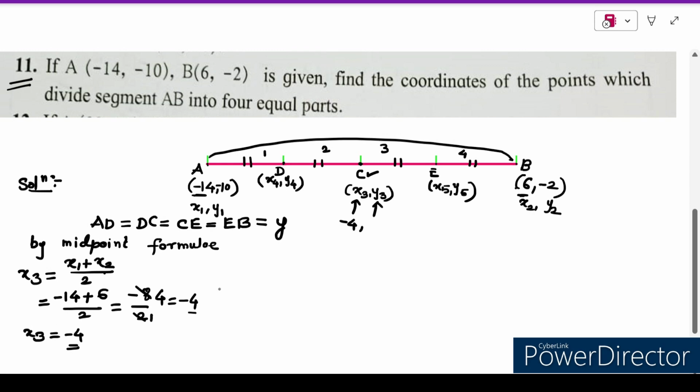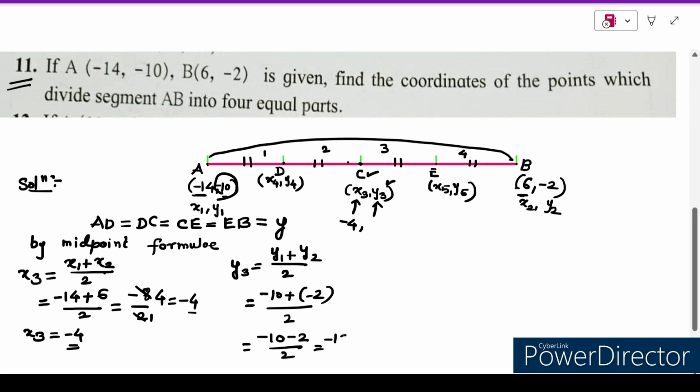Now we have to find y3, and C is the midpoint of AB. Therefore by the midpoint formula y3 can be calculated as (y1 plus y2) divided by 2, where y1 is -10 and y2 is -2. That is (-10 plus -2) divided by 2, which is -12 divided by 2, equals -6.